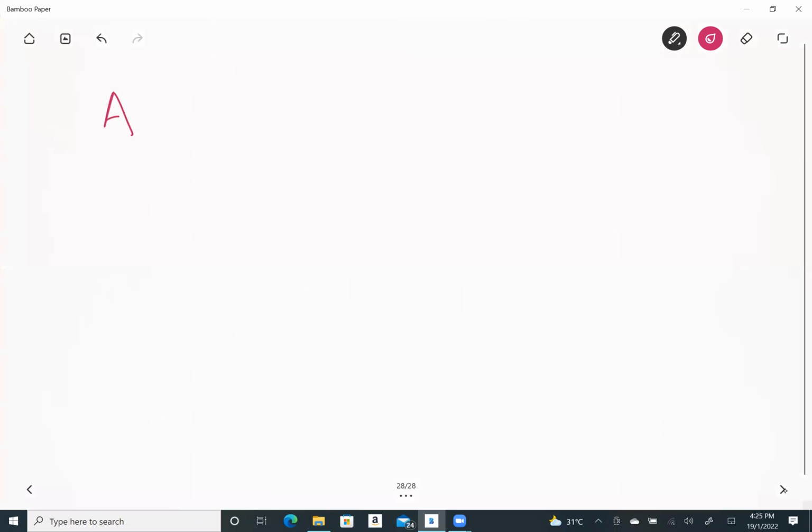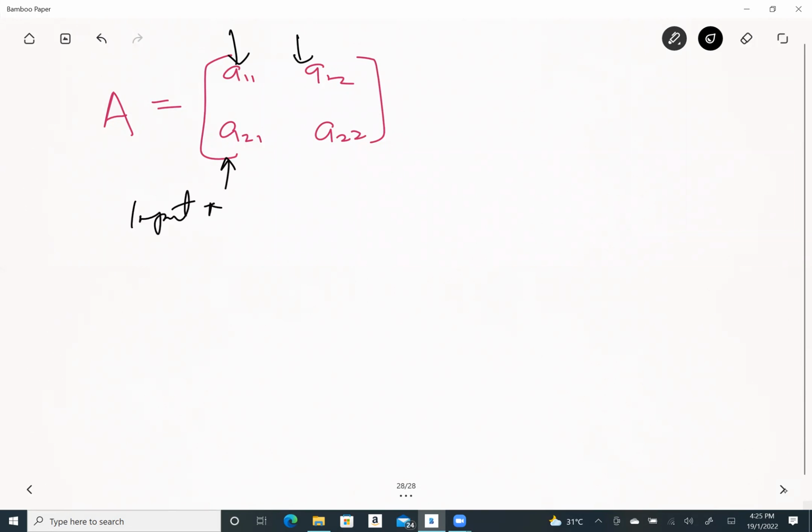Now I want to look at A. Now A, what is it? It's equal to A11, A12, A21, A22. That is the technology matrix. When you want to describe this matrix, we go by the column. So here, this is the input requirement for X, in this case agriculture.